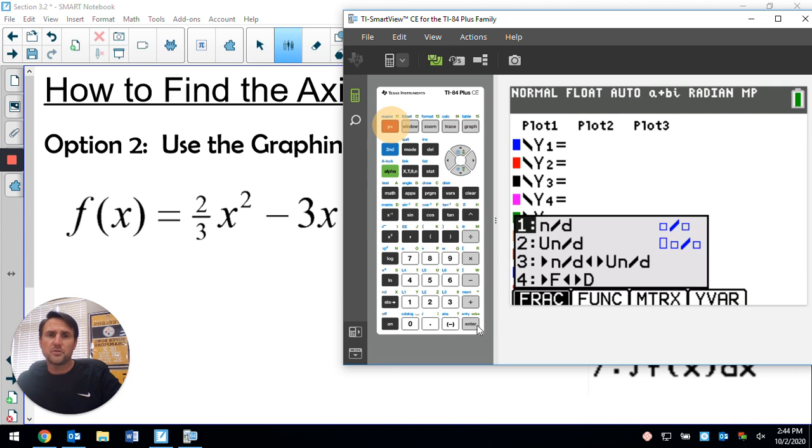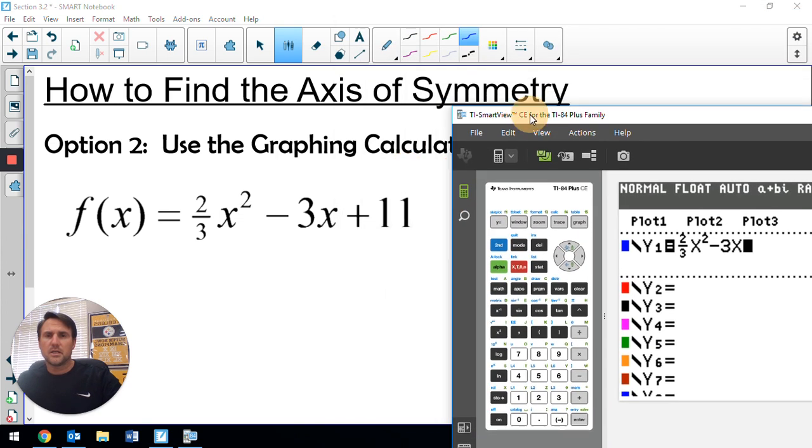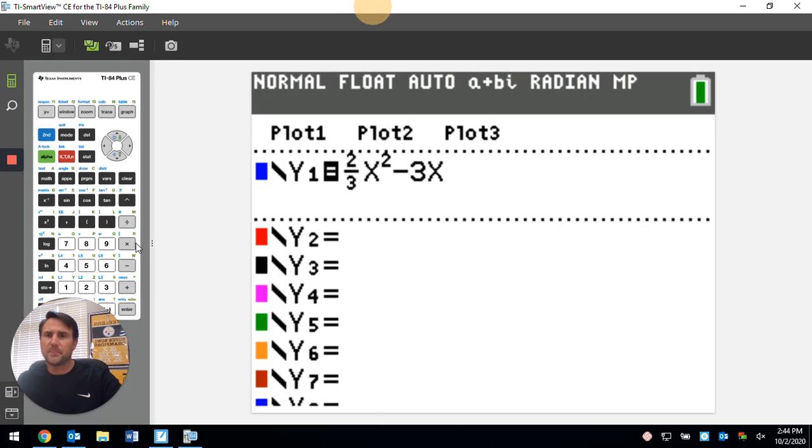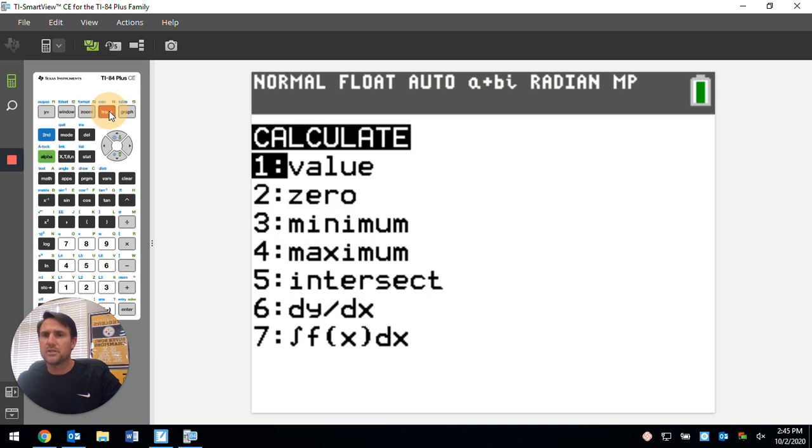We'll grab 2/3 here, our fraction, 2/3, and x squared minus 3x, and then we have plus 11, and go ahead and take a look at the graph.